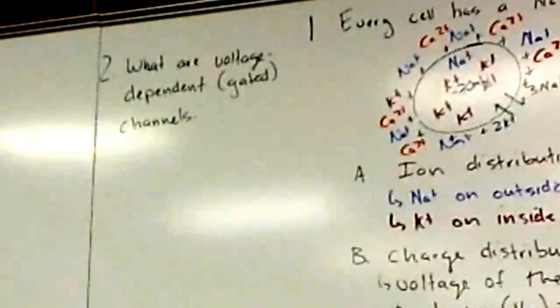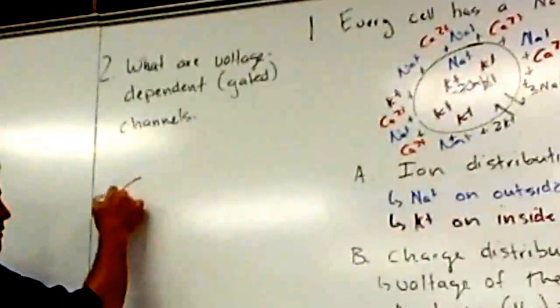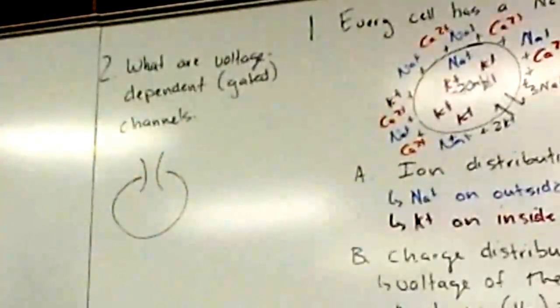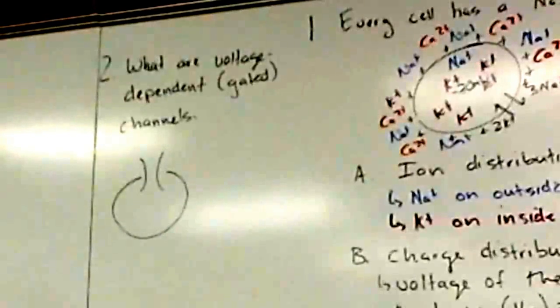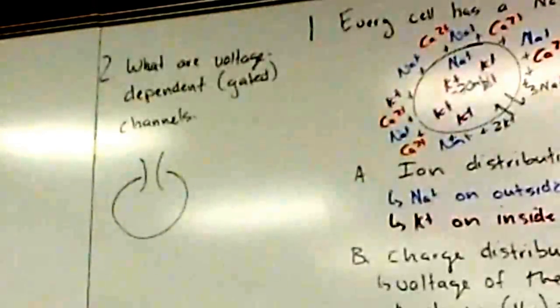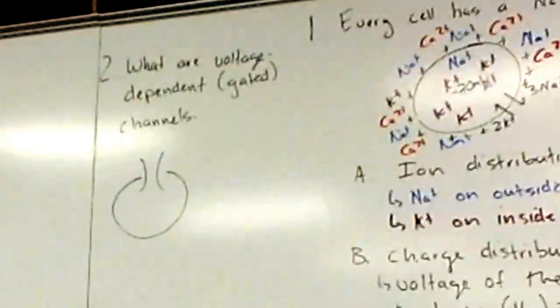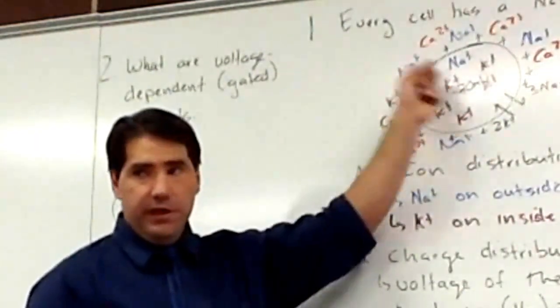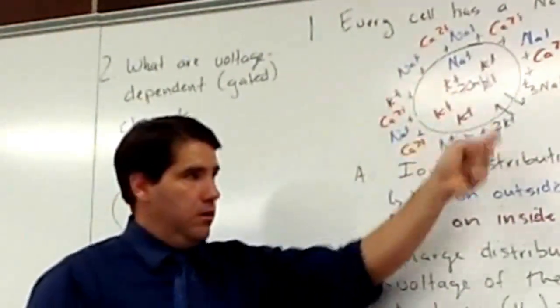If this is a cell, I'm going to draw my, obviously this is not to scale. What a voltage-gated channel is, it's an opening where ions can go through. So these ions could move into and out of this cell.